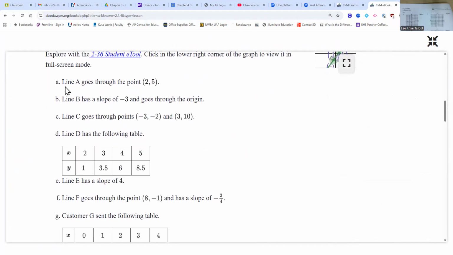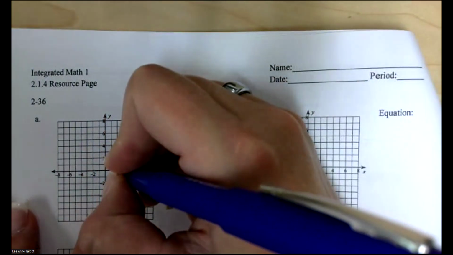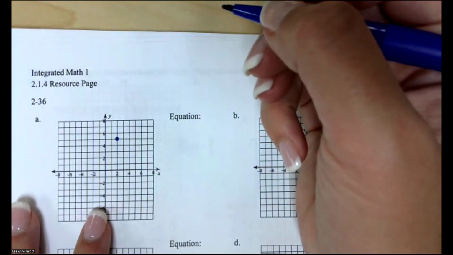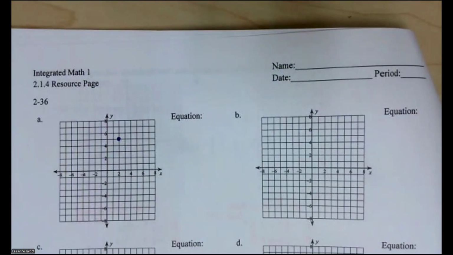Okay, line A goes through the point 2, 5. Can everybody graph the point 2, 5 in that first graph? Now everyone take your ruler, any kind of straight edge, and draw a line through the point 2, 5.